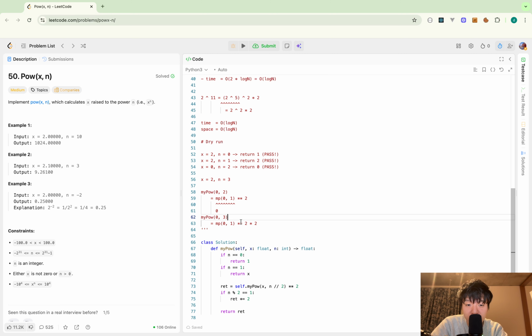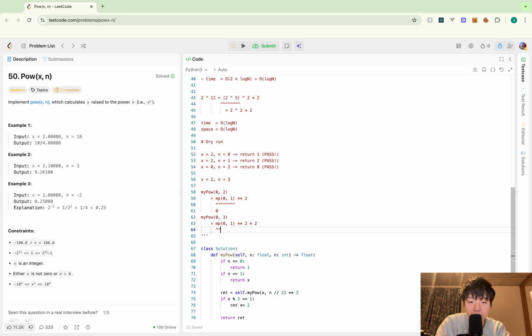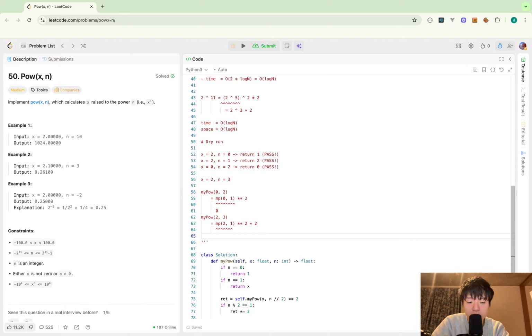Let me test with 2. This should be 2, because in line 72, if n is 1, this returns x, which is 2. So in the end, I return 2 to the 2, which is 4, times 2 is 8. So this returns 8, as expected.